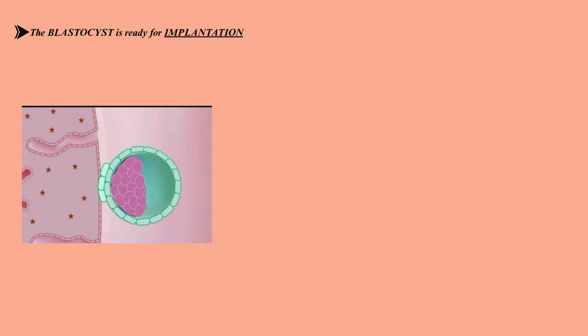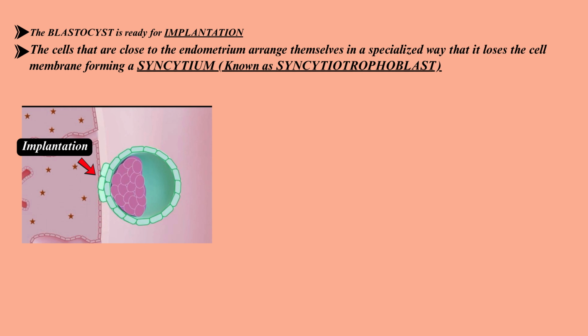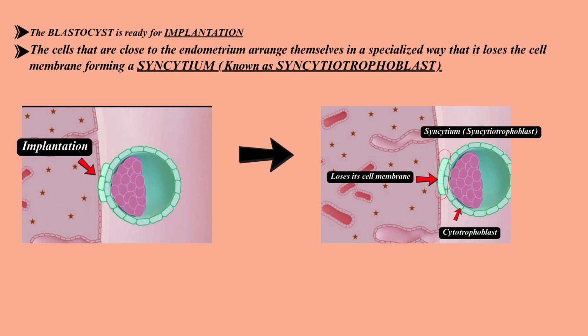Now this blastocyst is ready for implantation, and the cells that are close to endometrium arrange themselves in a specialized way that they lose the cell membrane and form a syncytium, and now it is called syncytiotrophoblast, and this outer layer is called cytotrophoblast.